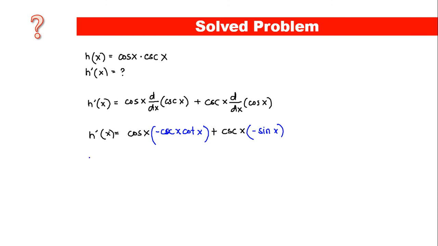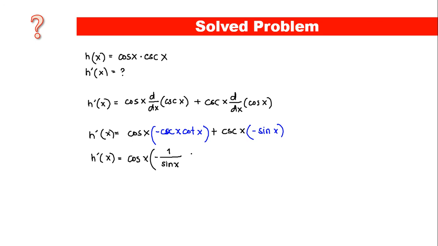So, magiging yung ating h prime of x, or yung ating first derivative, equal yan sa ang cosine ng x multiplied to negative, ang cosecant ay 1 over sine ng x.